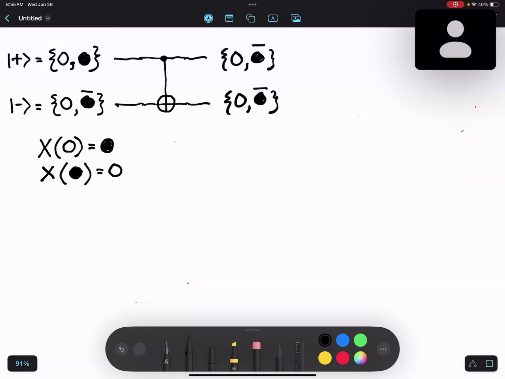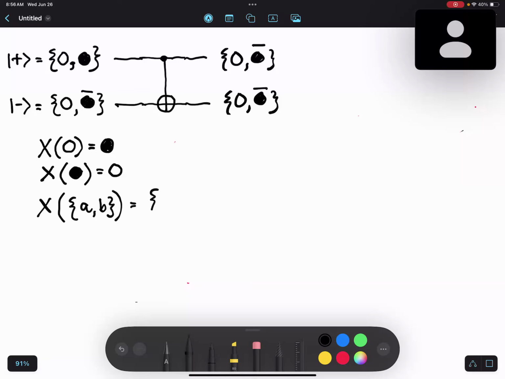But now I'm going to ask you a question. What if I have, for example, X applied to a superposition? And I'm going to call this one A and then B. So you say, well, that's not hard, because you told us that if I have an operator applied to a superposition, that's the same thing as the superposition of the operator applied to the states inside the superposition.